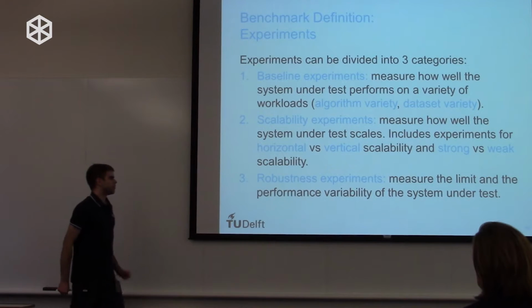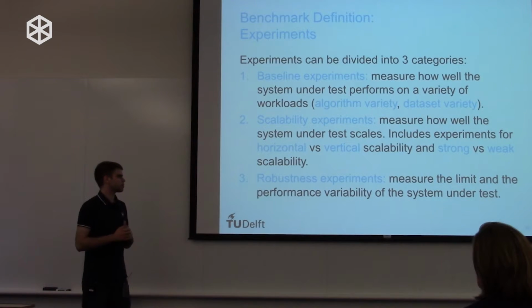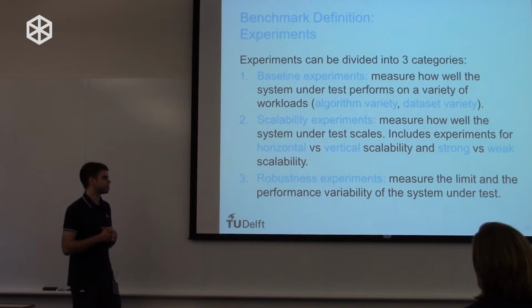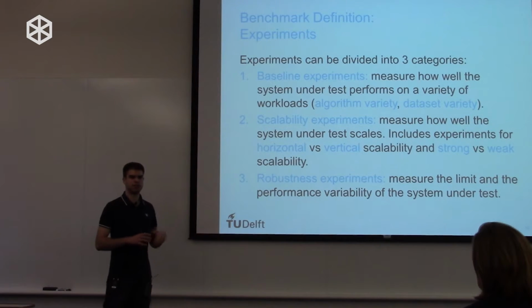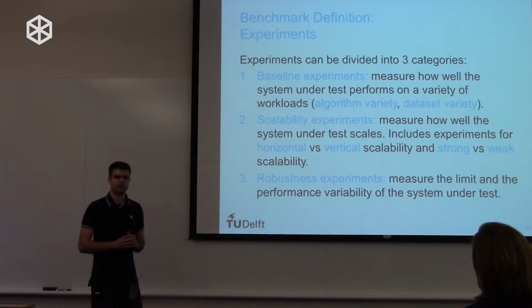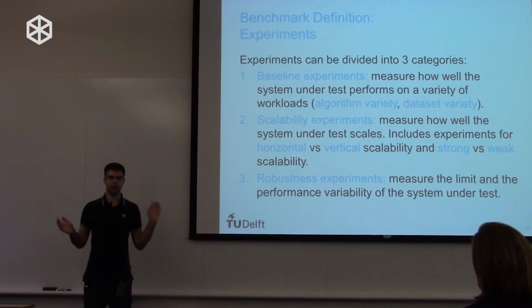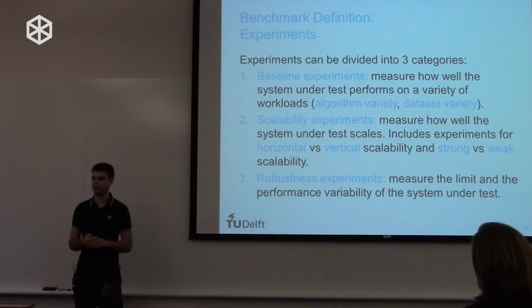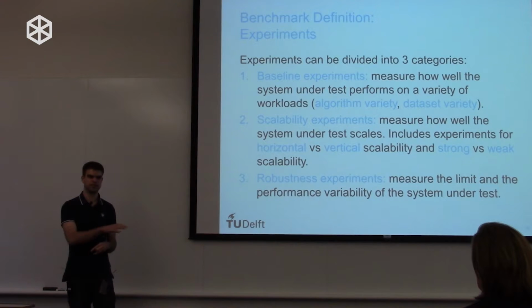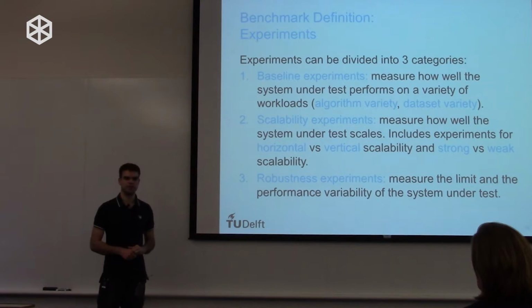And the third and final component, which we believe is quite important, especially in the field of distributed systems, is that we look at the robustness of these systems. So for many of these systems, it's great if it works really fast on one particular graph and one particular algorithm, but if it completely breaks on another, then it's probably not going to be a wise choice.